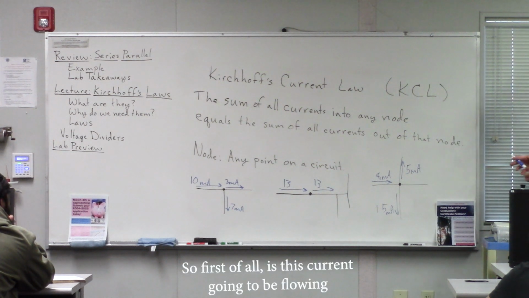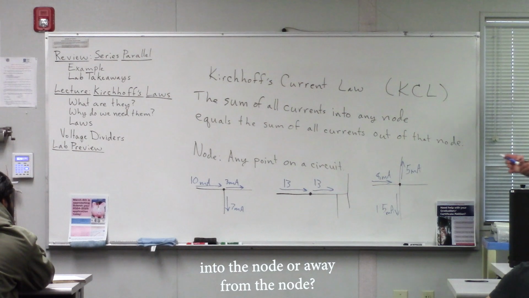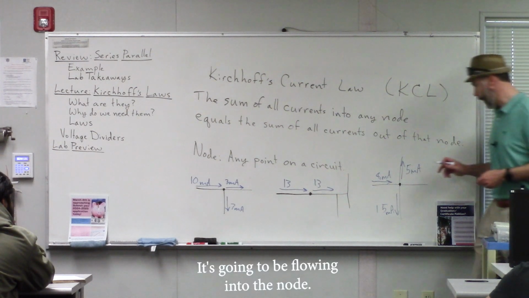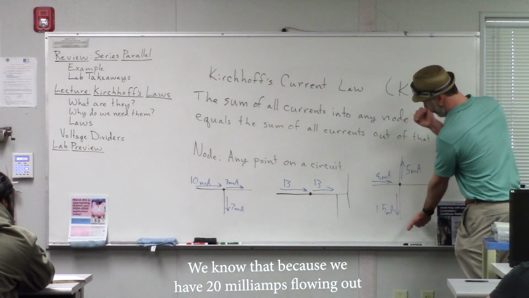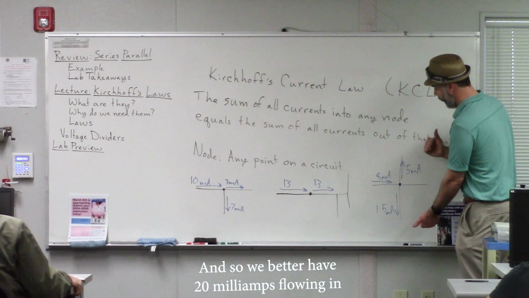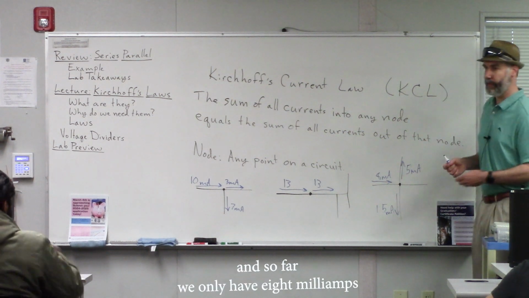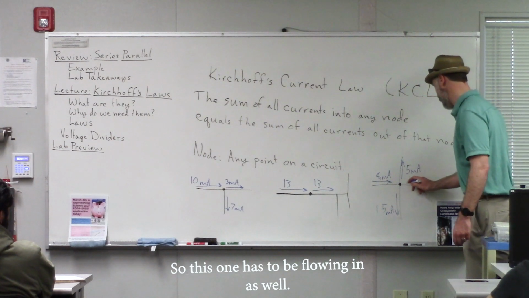So first of all, is this current going to be flowing into the node or away from the node? Yeah, it's going to be flowing into the node. We know that because we have 20 milliamps flowing out between the top and the bottom here. And so we better have 20 milliamps flowing in. And so far, we only have 8 milliamps flowing in from that side. So this one has to be flowing in as well.